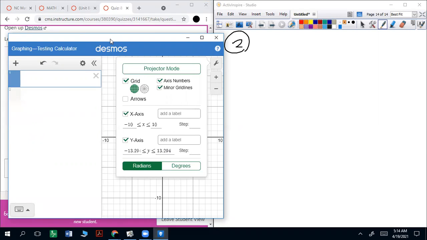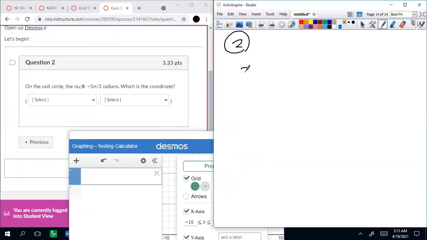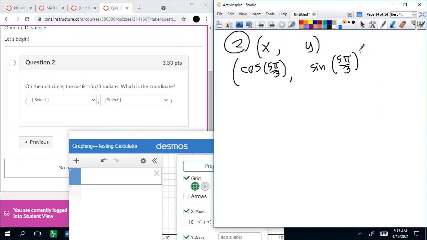For the x, we're going to do cosine of 5 pi over 3. And then we're going to do sine of 5 pi over 3. The cosine will get you the x value, and the sine will get you the y, but make sure your mode is in radians to work all these out.